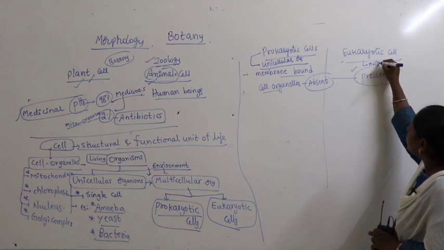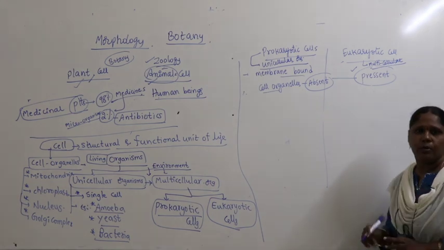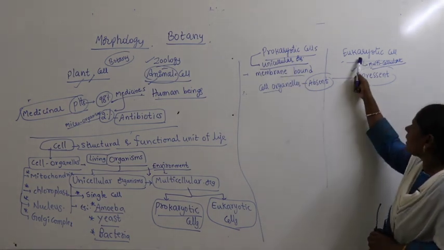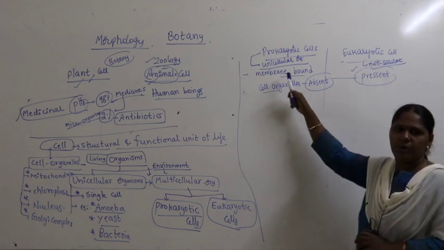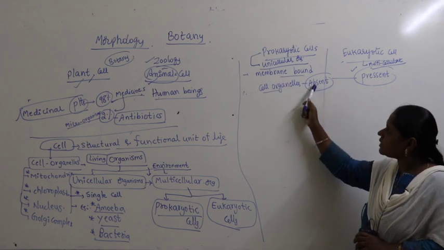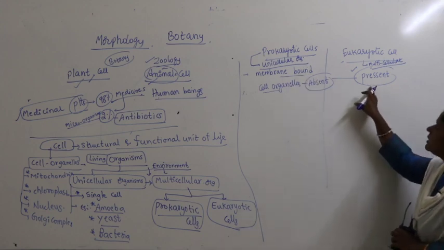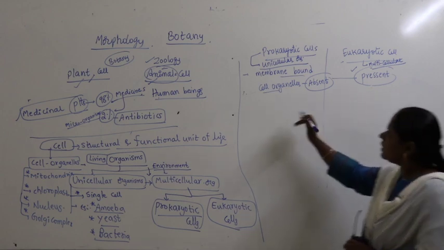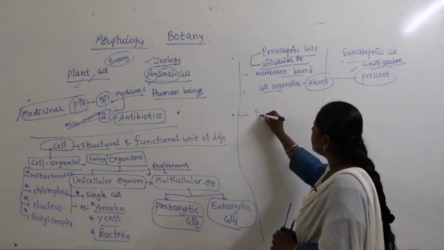Because eukaryotic cells are multicellular. Prokaryotic cells are unicellular and eukaryotic cells are multicellular. Membrane bound cell organelles are absent in prokaryotic cells and present in eukaryotic cells. In prokaryotes we find a primitive nucleus is present.